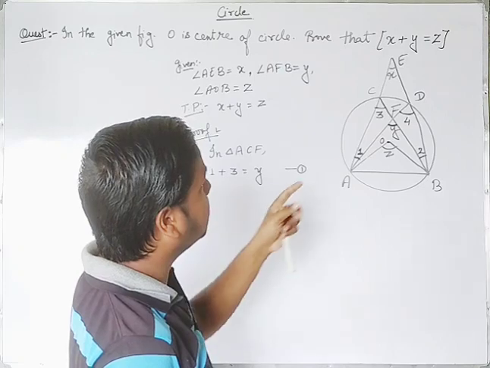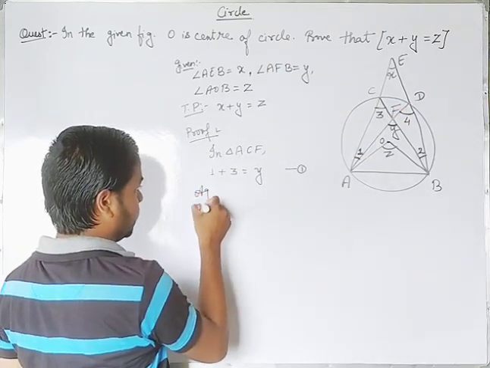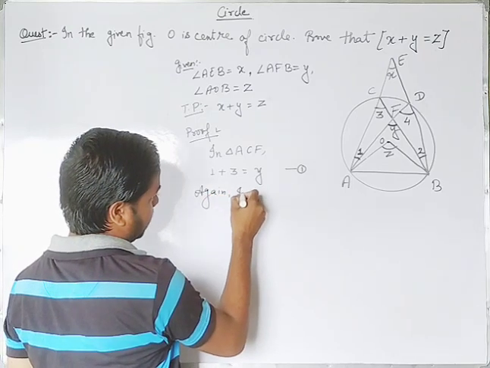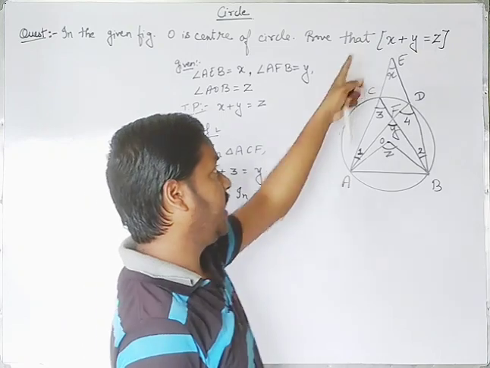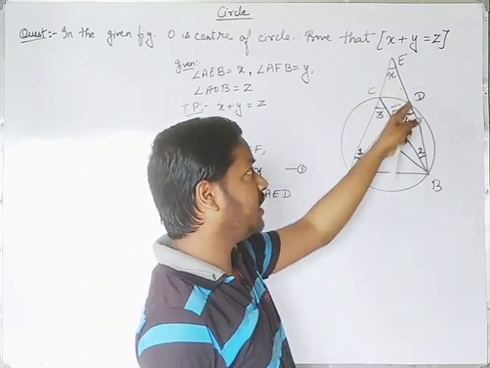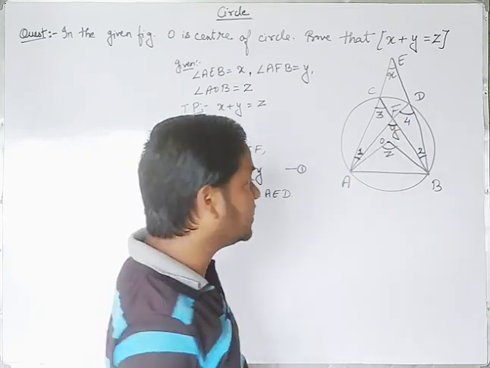Again we will take the bigger one, triangle AED. In this triangle, ED is produced, so 4 is behaving as an external angle.